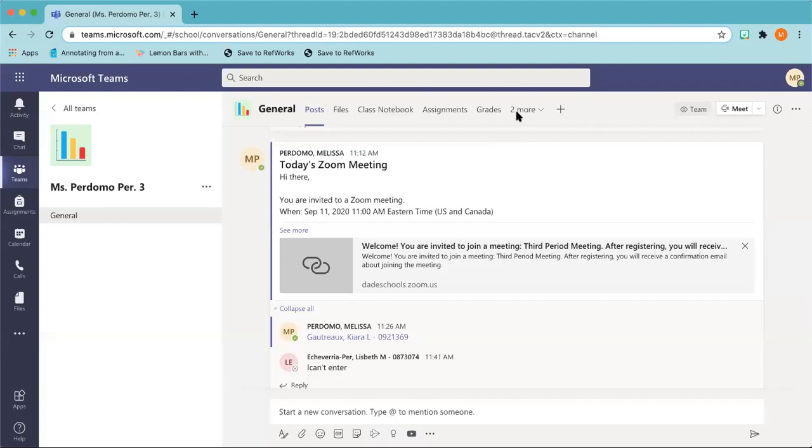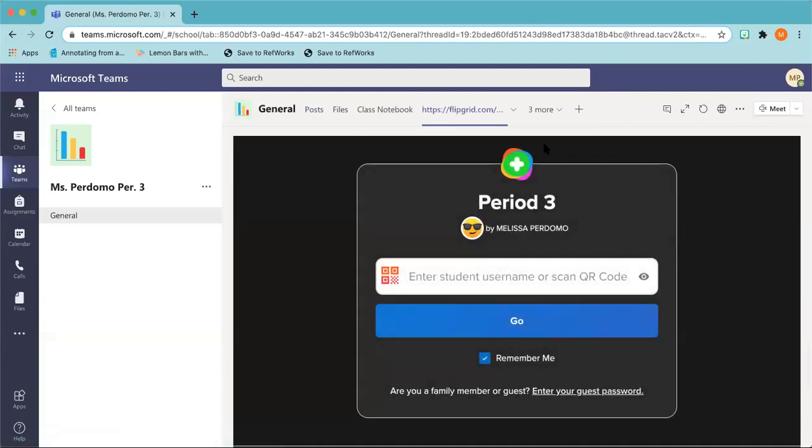But right next to the grades, you will have something that says 1 more. So mine says 2 more because I have teacher stuff there. So when you click on that 1 more, you now have Flipgrid. So I went ahead and put Flipgrid into our Teams. So you do not have to use the website. You don't need to use the phone or anything. You can just go straight on from Teams, okay?